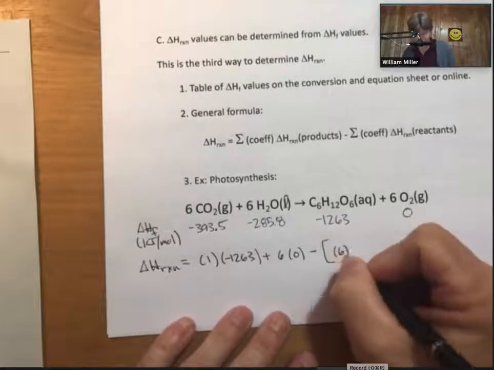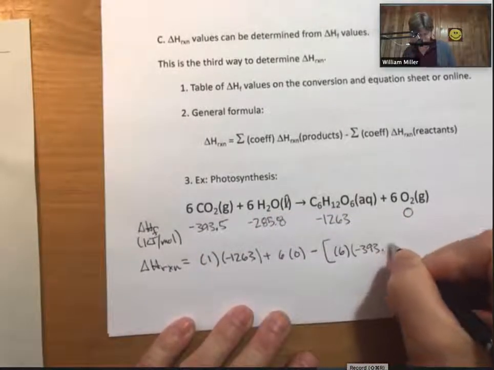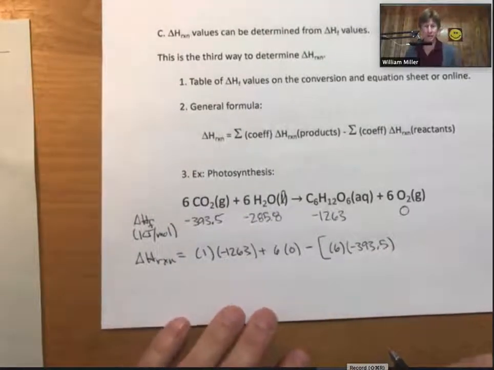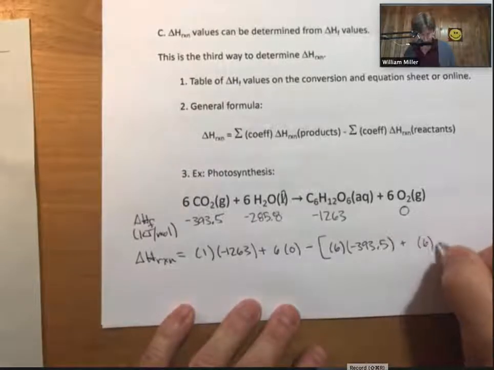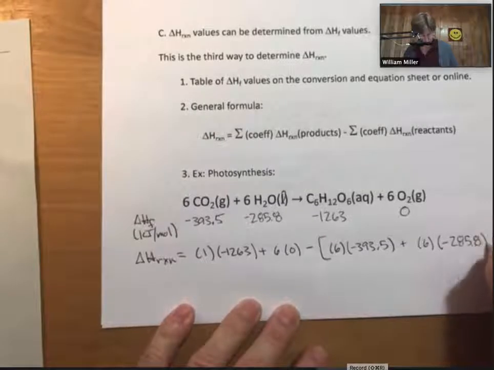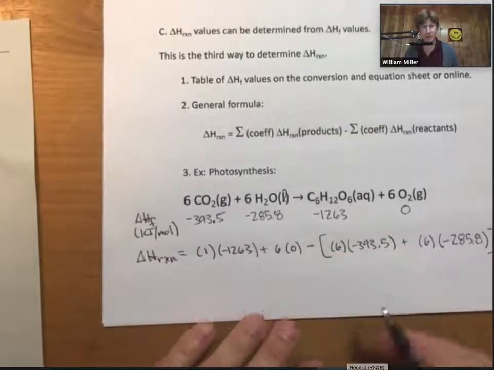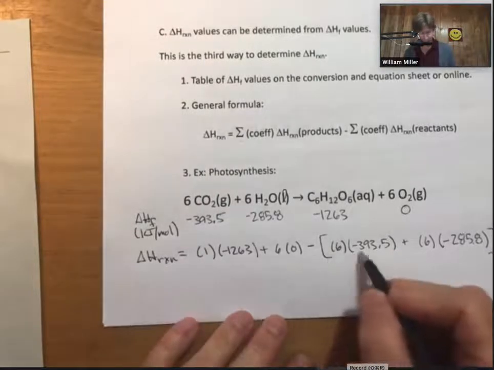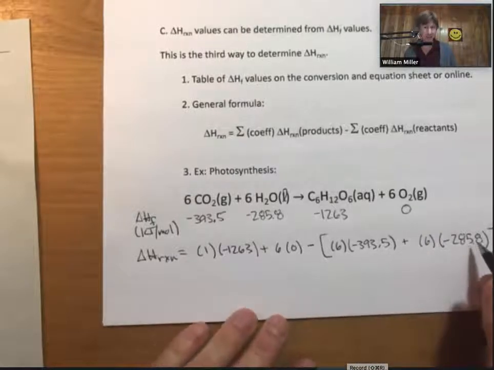So 6 times negative 393.5, that's for my carbon dioxide, plus 6 times the value for my H2O, my water. These are going to be double negatives, so these will end up being positive terms.